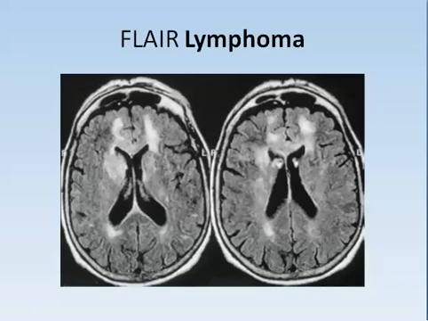Here FLAIR images for lymphoma showing the diffuse edema and the ependymal masses. Subependymal masses and the diffuse edema, involving the genu, involving periventricular regions, both anterior and posterior.